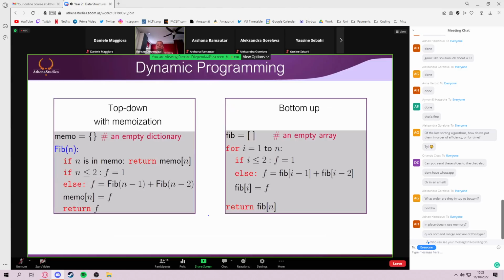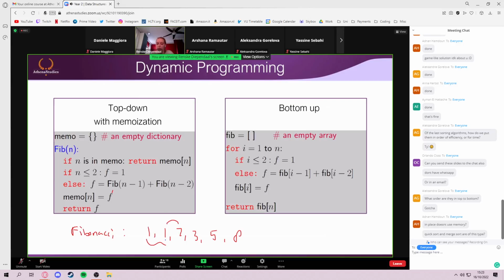Okay, so one example of this. Do you guys know the Fibonacci numbers? You have this sequence of numbers where you add up the previous two numbers and that creates the next one.